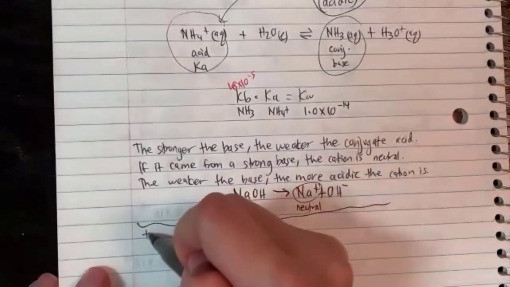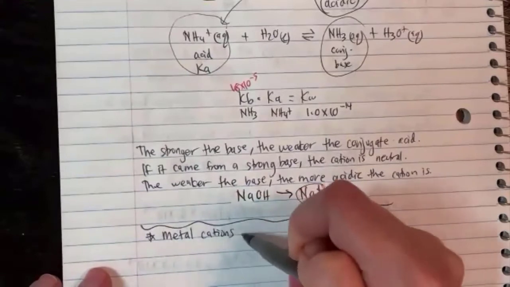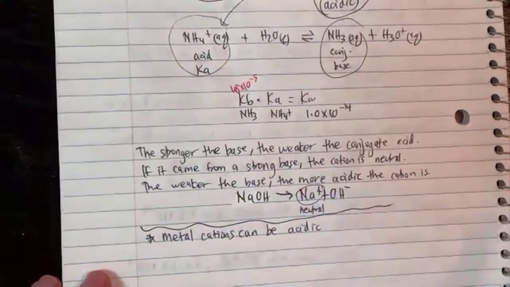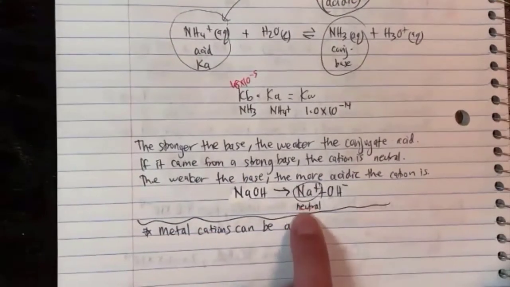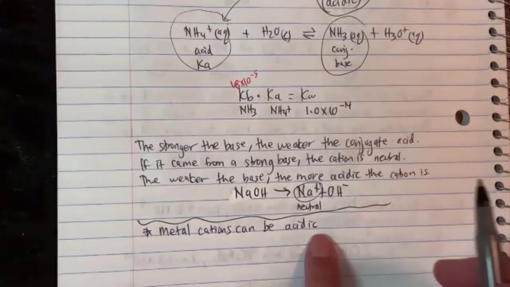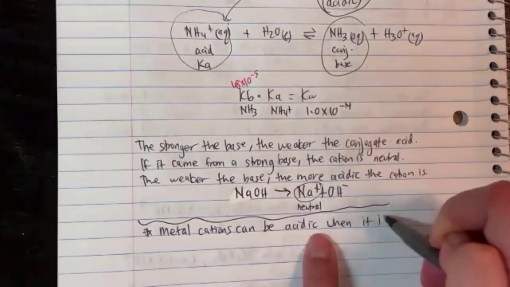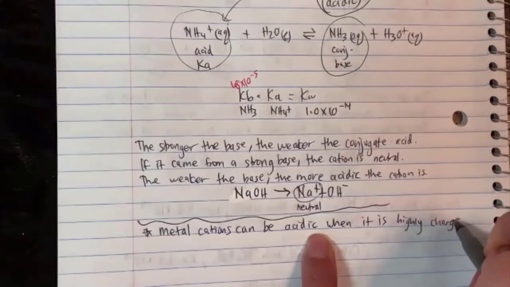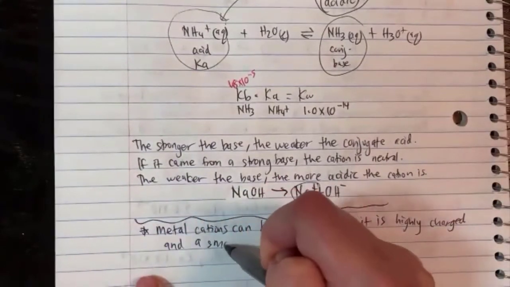Okay? Now, sometimes there are other conditions that can give you some acidic. So metal cations can also sometimes be acidic. Earlier we were talking about polyatomic cations, right? Now we're into metal cations. In this case, we clearly saw that one was neutral. If it came from a strong base, it's neutral. But sometimes it can be acidic when it is highly charged and a small size.